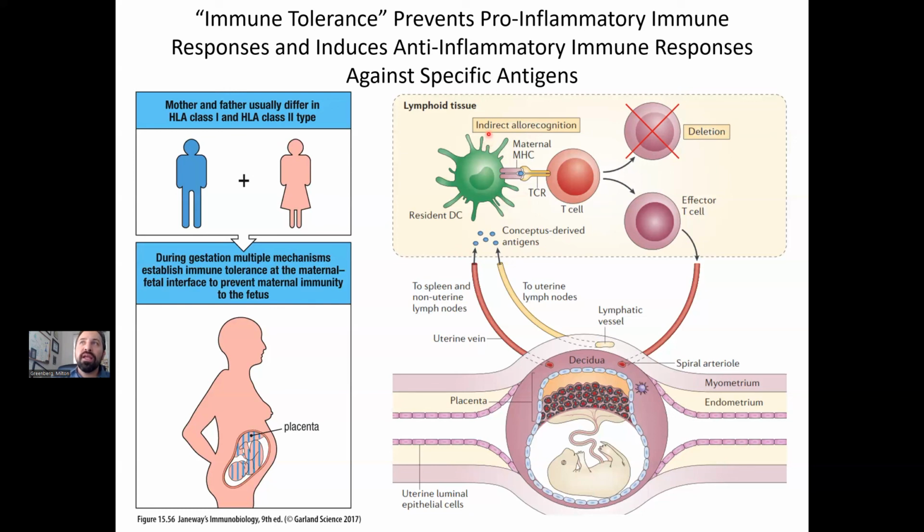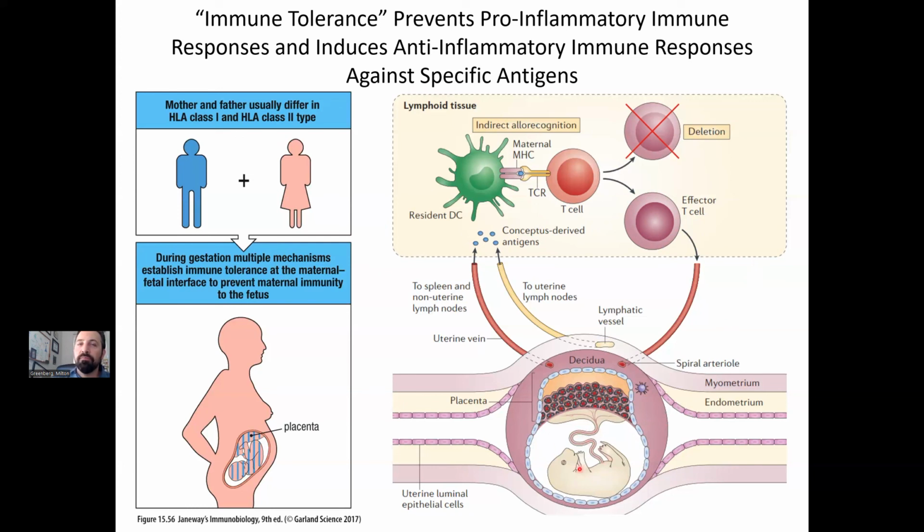So essentially what you're getting is activation of dendritic cells, presentation of foreign conceptus-derived antigens, but it's getting presented in an anti-inflammatory context with anti-inflammatory cytokines being made. And as such, these T cells are now going to become regulatory cells that can migrate back and help protect that fetus.